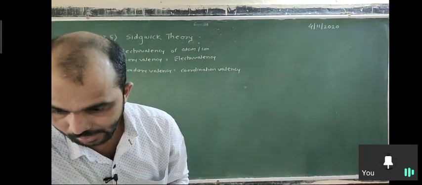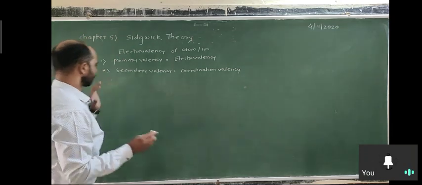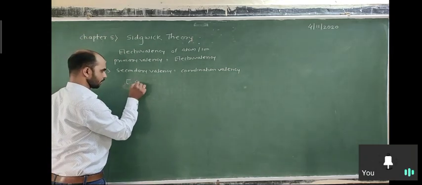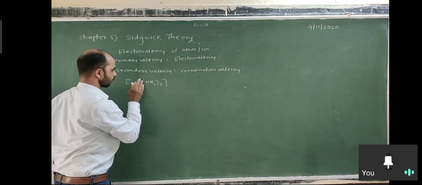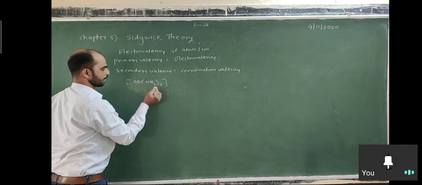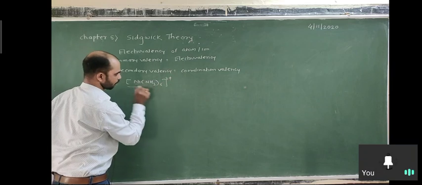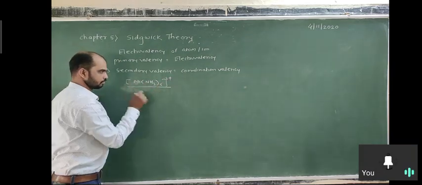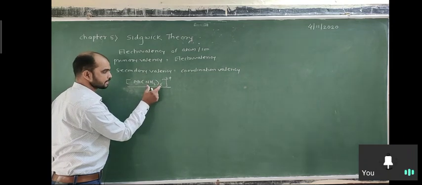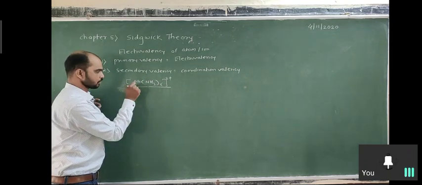For that, we consider a simple example. Suppose the complex Ni(NH3)6 2+ is formed. In the coordination sphere, there are 6 NH3 molecules attached to the Ni.